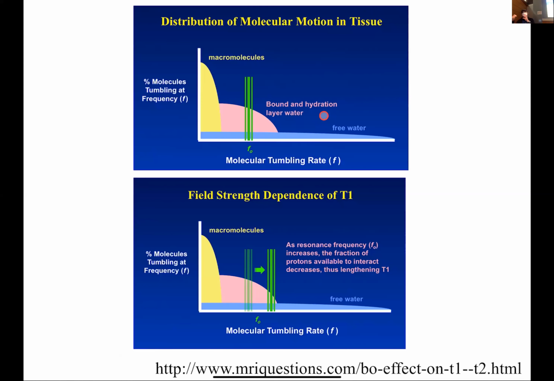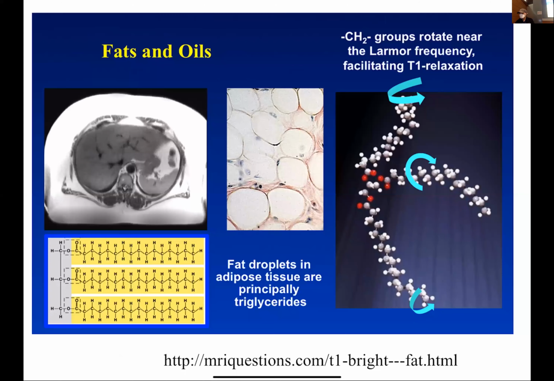And so as I go to higher field strength, this T1 recovery is longer, the T1 time constant increases. It turns out that in the body, fats and oils, for the clinical field strengths that we typically use, like 1.5 or 3T, tend to be tumbling at the right rate. So they typically have very short T1s.